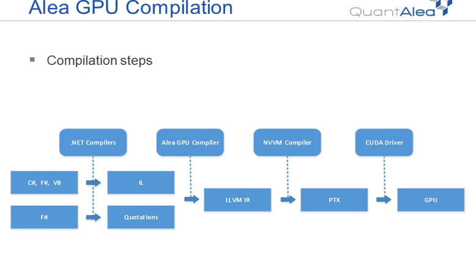And that's what we do. We let the compiler compile our GPU code first to quotations, to a syntax tree, which we then further transform to LLVM IR, and then the NVIDIA compiler kicks in and compiles that down to PTX. So these are the two compilation schemes that we offer with Alea GPU.